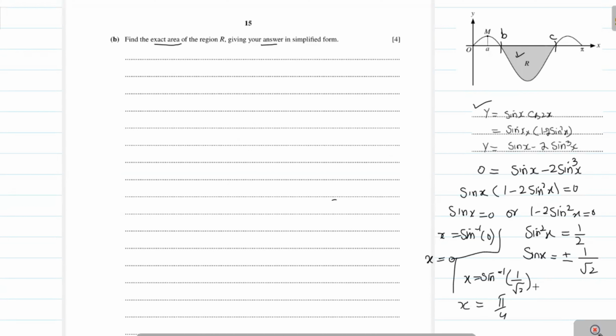The next value, the negative value, sine x equal to negative 1 over square root 2, gives x equal to pi minus pi over 4, and this value will be equal to 3 pi over 4.